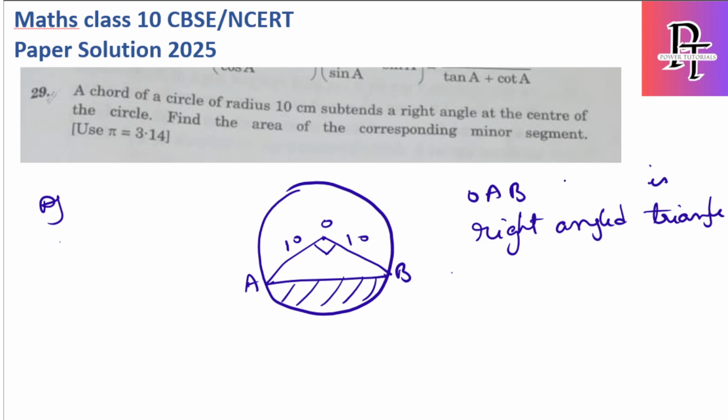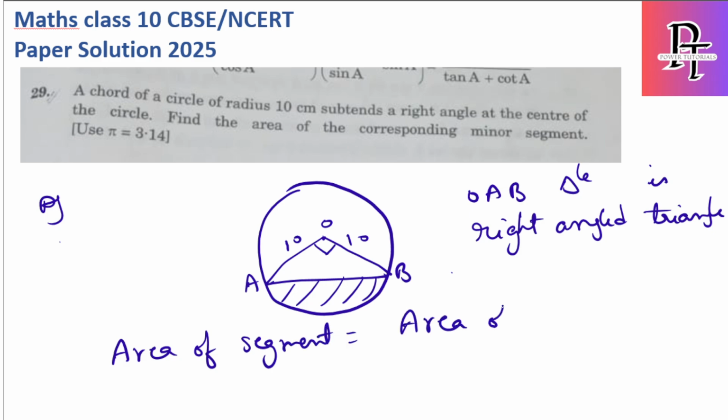I can simply use the symbol also. OAB triangle is a right angle triangle. Okay, so area of segment is equal to area of sector minus area of triangle.